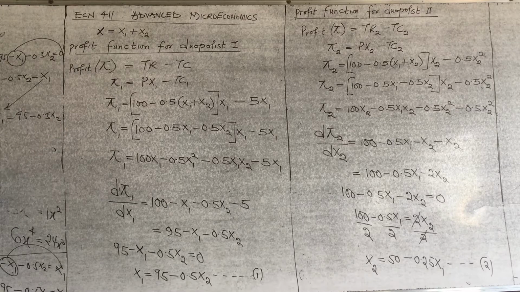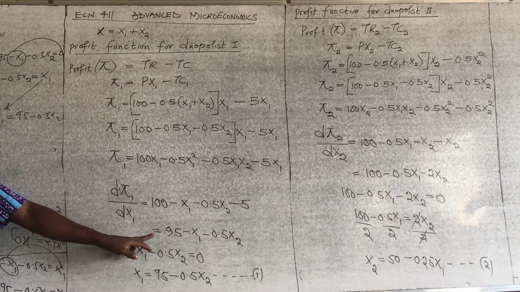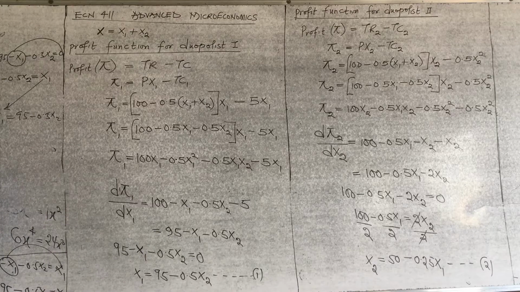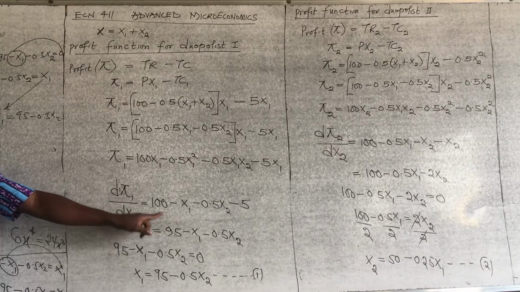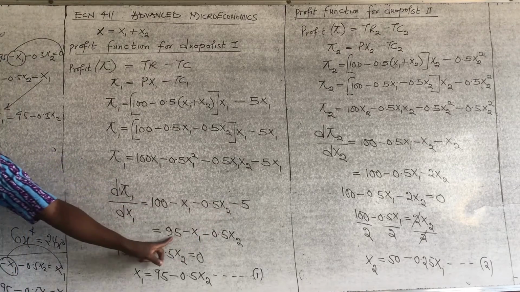Where? From here? That's what I just explained now. Are you clear up to this place? Where did you get the 95? 100 minus 5.